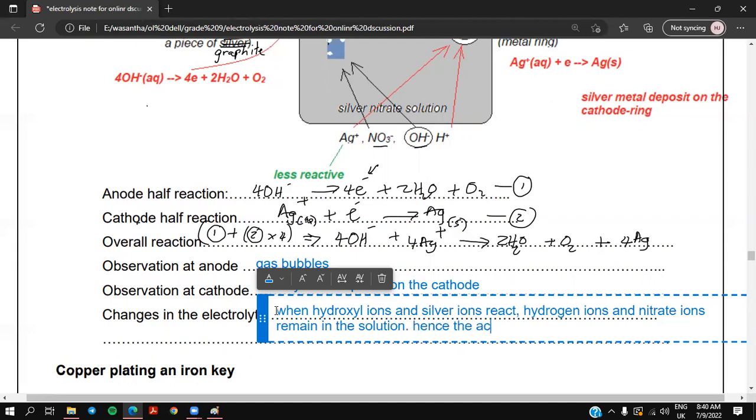Hence, acidity in the solution, in the electrolyte, increases.